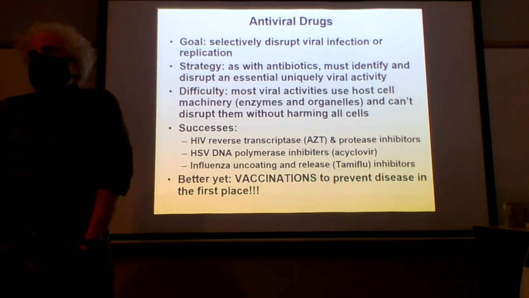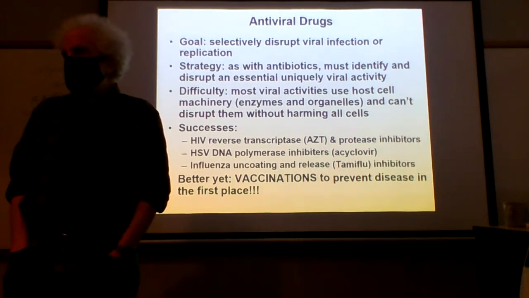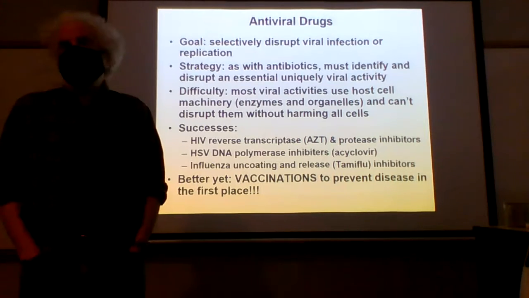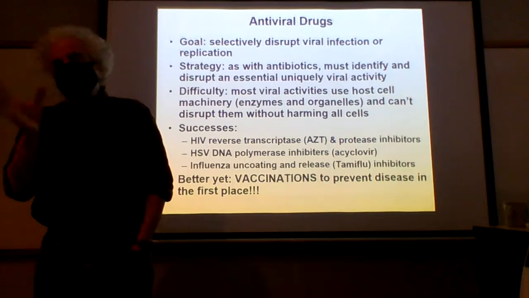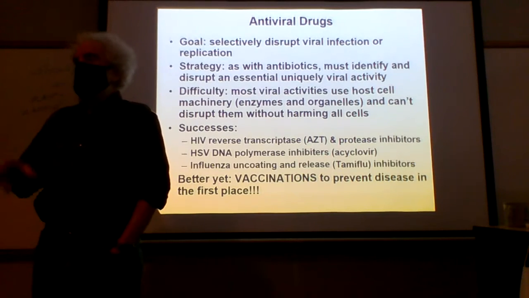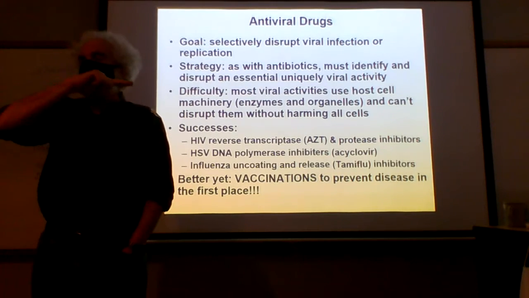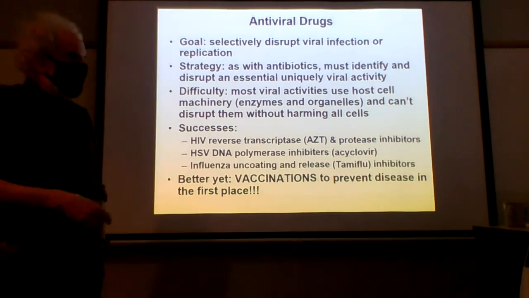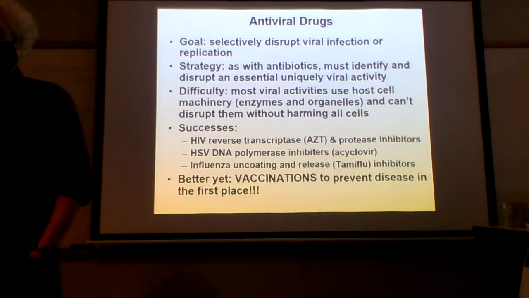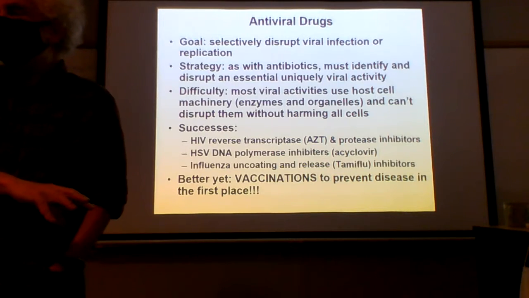Additionally, because a virus is not a free-living thing, you're going to have to start acting on either blocking its uptake into the cell, that's not a bad way to do it, or inhibiting its ability to replicate within the cell. And that can be a pretty difficult thing, given that it's actually using your very own cell machinery.